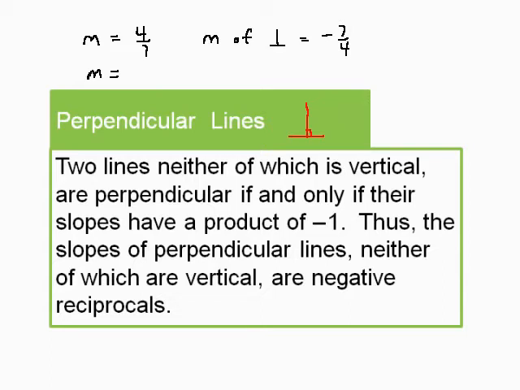Another example, if I gave you a slope of -14, the slope of the perpendicular would be the negative reciprocal of that, so it would be 1/14. And again, notice the sign changes. If we multiplied the slope times its perpendicular slope, we would get a product here of -1.